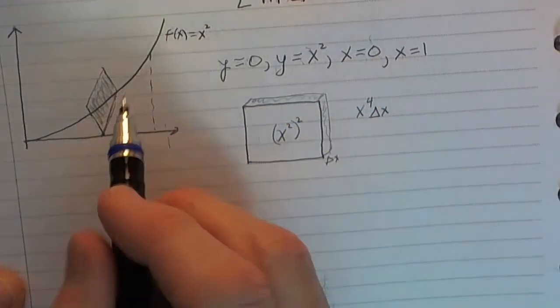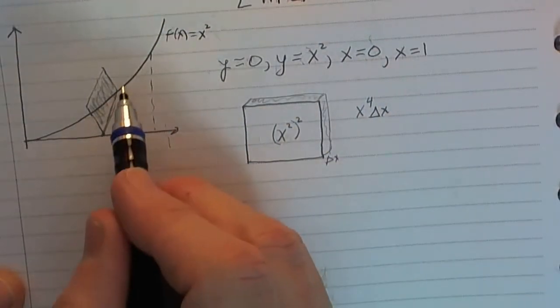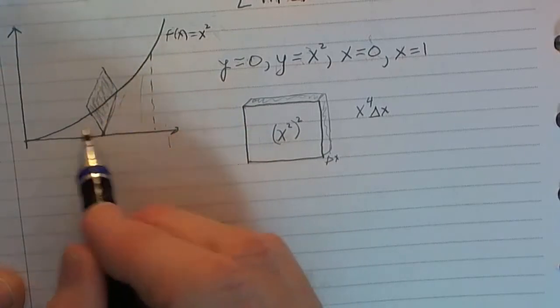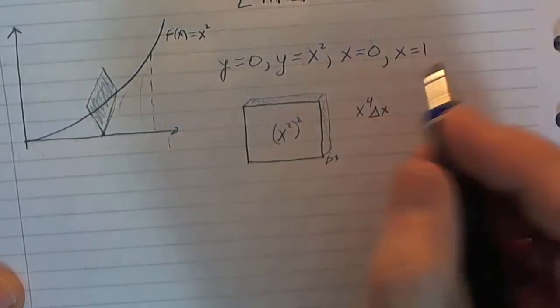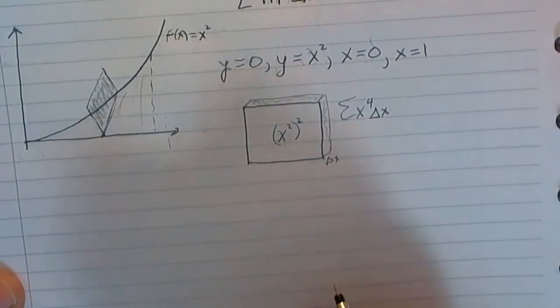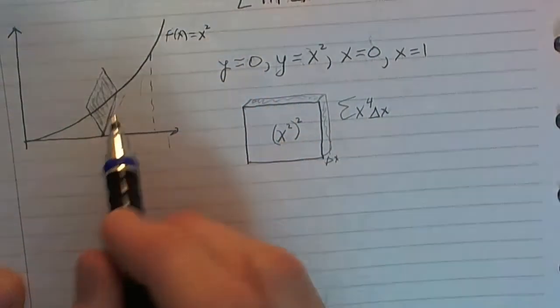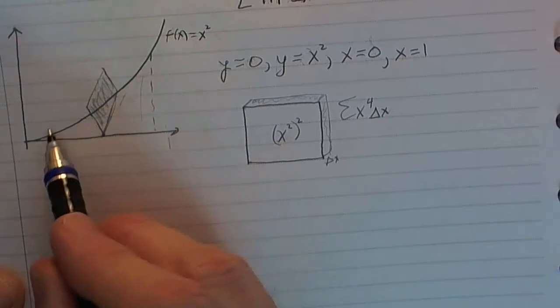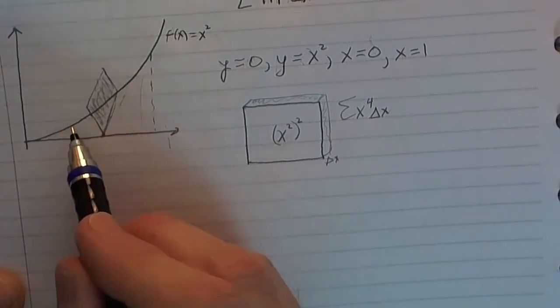Well, what if we want to do that for this whole solid? We want to look at all these little cross sections, and we would calculate the volume, and I would add up all those. Okay, so I want to add up all these. Well, the smaller the delta x is, the better approximation for the volume of this solid we would get.